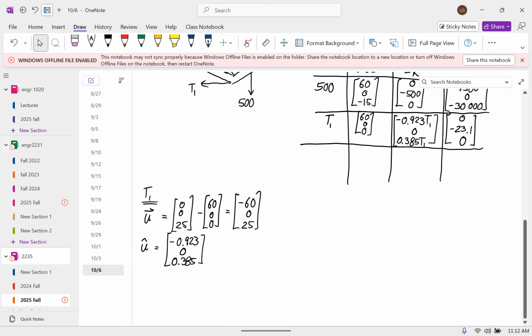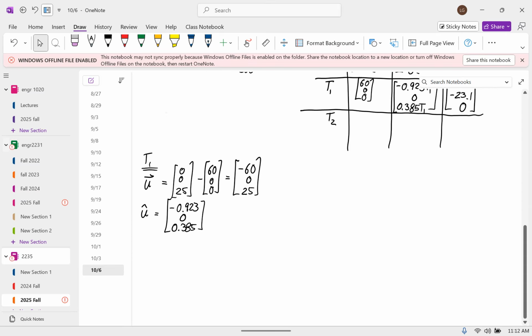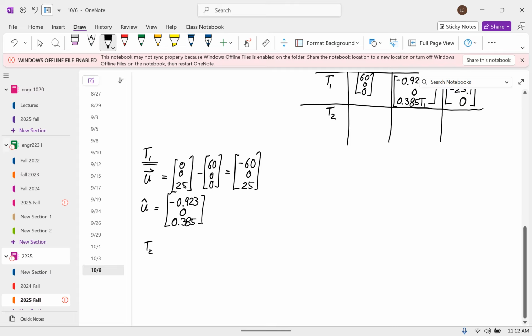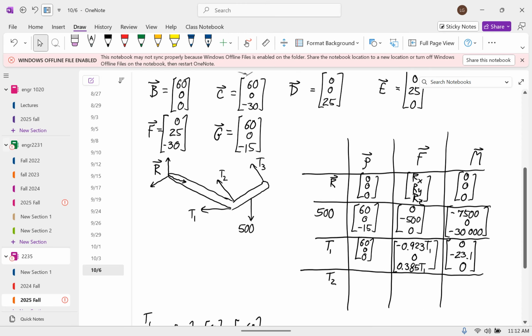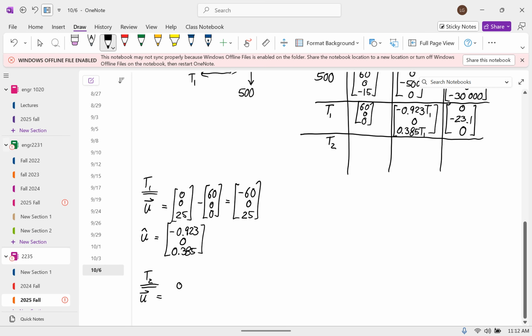Then T2. The vector in the direction we want is E minus B. So 0, 25, 0 minus 60, 0, 0 is negative 60, positive 25, 0.